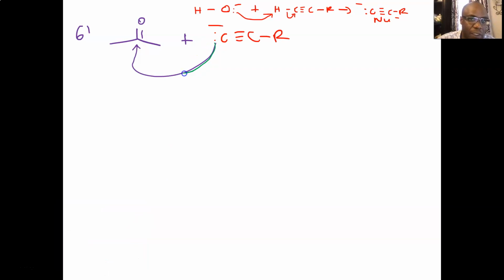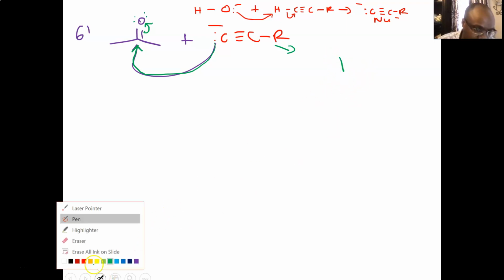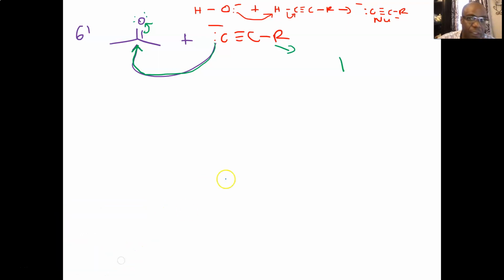I was hoping to use a different color. So let's assume this arrow is green. Attack the carbonyl and this opens up. So mechanistically, you're going to click the top part with the green arrow. So you'll get the two methyl groups, which is this, and the O minus.